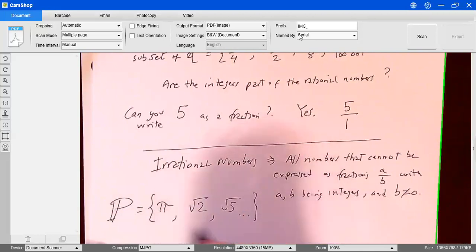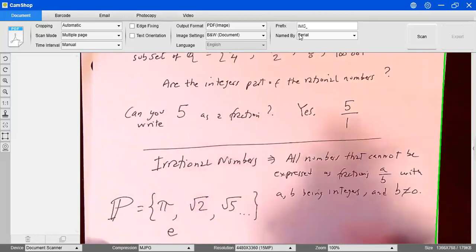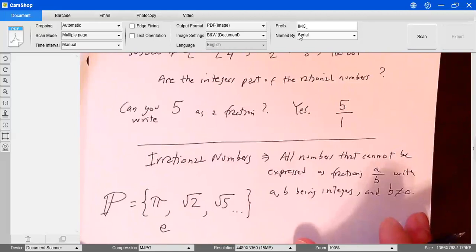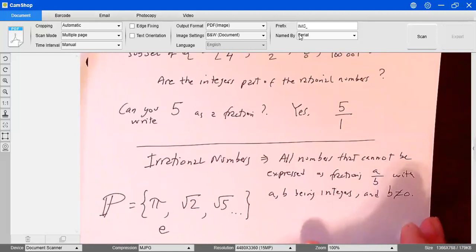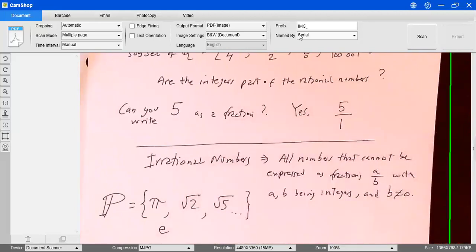E, for example, the base of the natural log system. The reason that this is another set is because there is no way for you to express pi as a fraction, and there is no way for you to express square root of 2 as a fraction, and many other roots, cube roots.